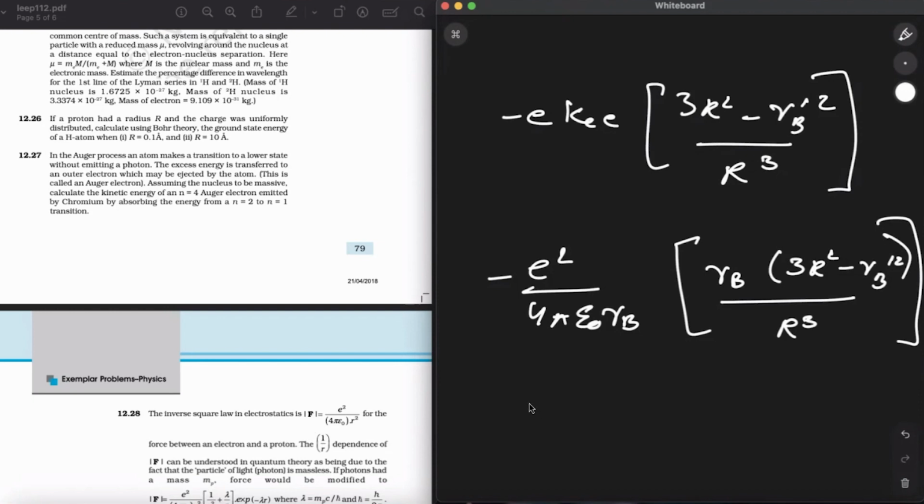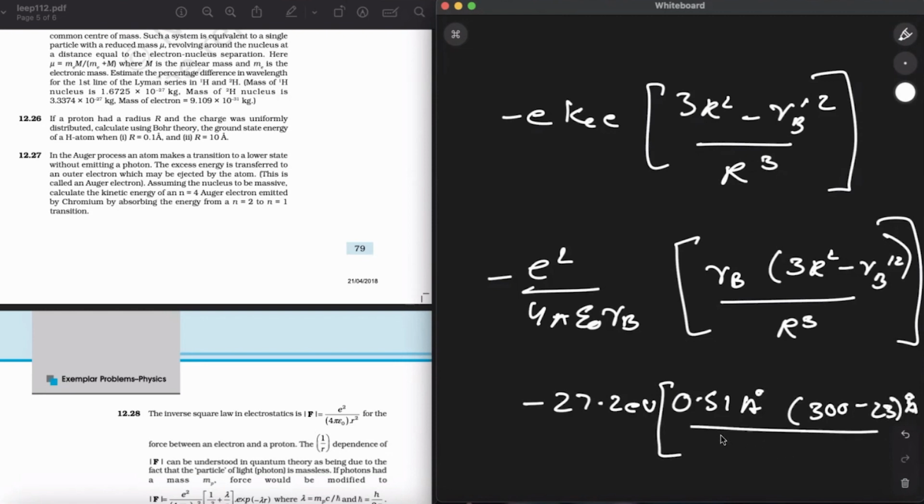तो इतने की वैल्यू तुम लोग को पता है -27.2 इलेक्ट्रॉन वोल्ट्स और अंदर वैल्यू होंगी एंगस्ट्रॉम में, तो 0.51 एंगस्ट्रॉम 300 minus 23 angstrom whole divided by R cube यानी 1000 angstrom.